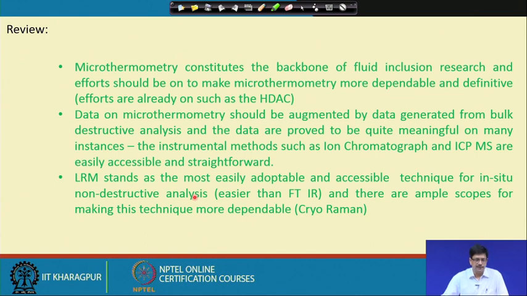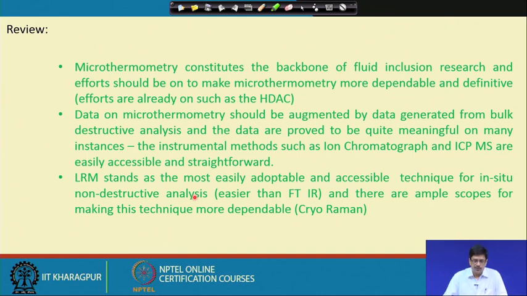Just a quick review: microthermometry is still the backbone, still the technique which will give us the bulk of the data on fluid inclusions and the most important data, because as far as the thermal regime is concerned, whether the fluid was of high or low temperature range, from that we speculate whether the fluid could be metamorphic fluid, magmatic fluid, connate fluid or meteoric fluid and so on.